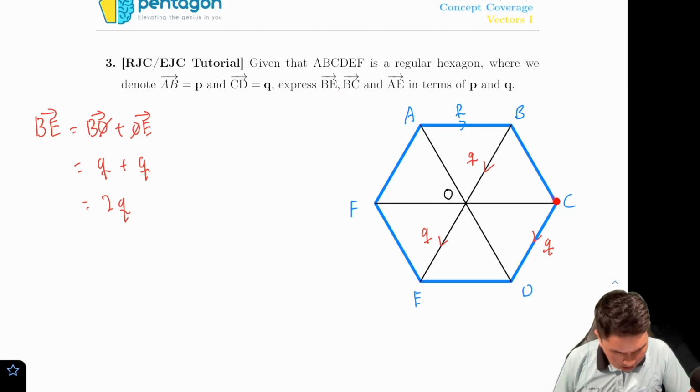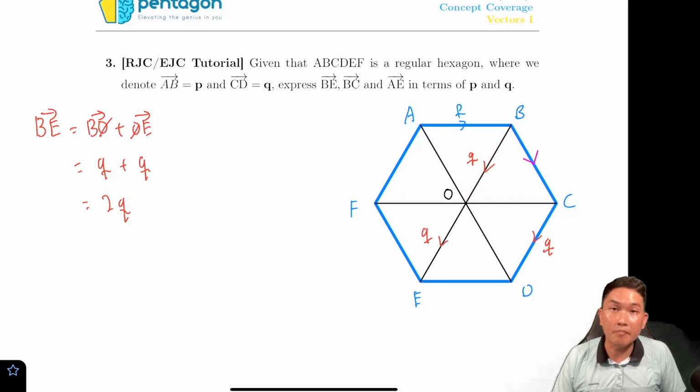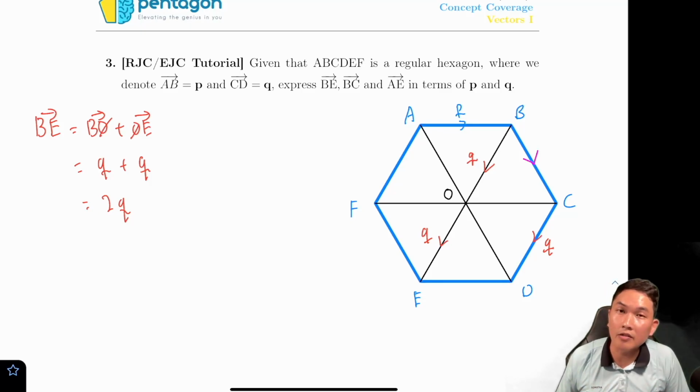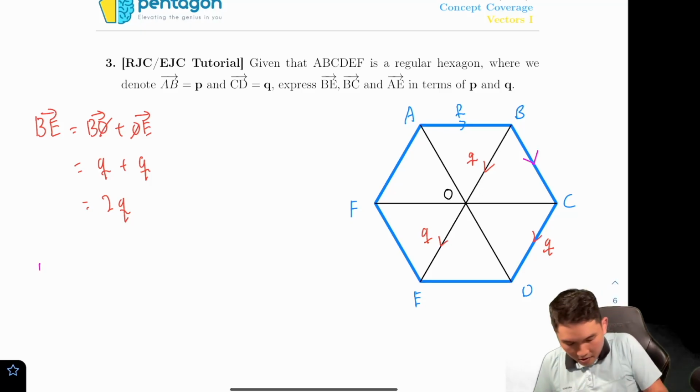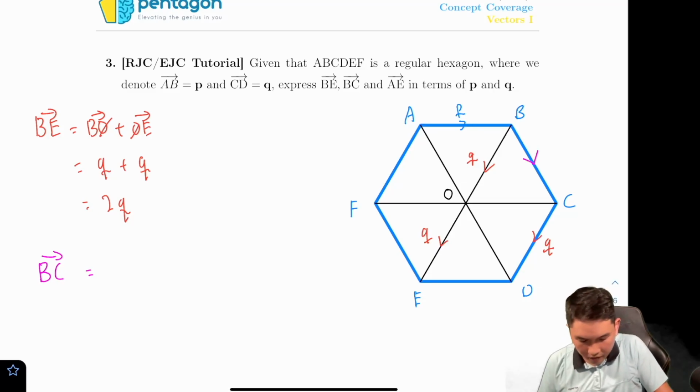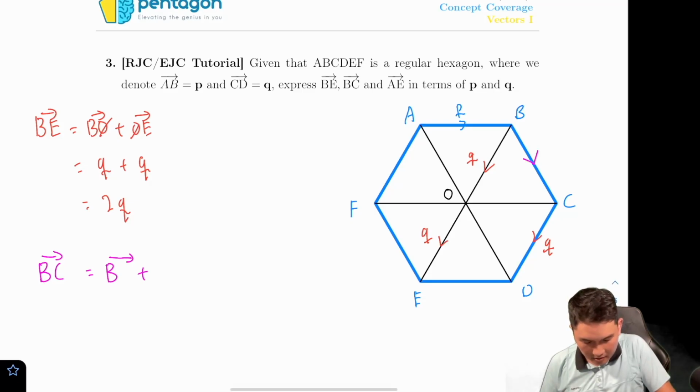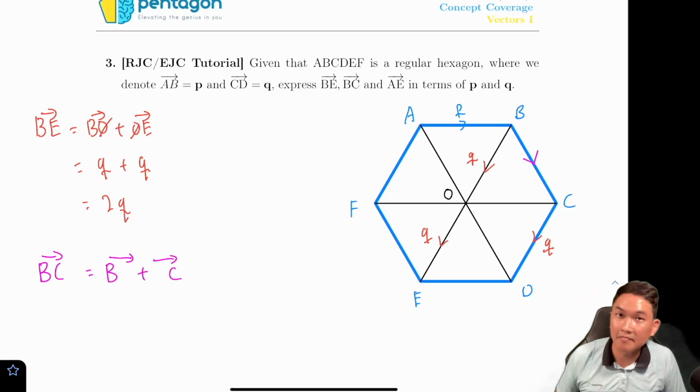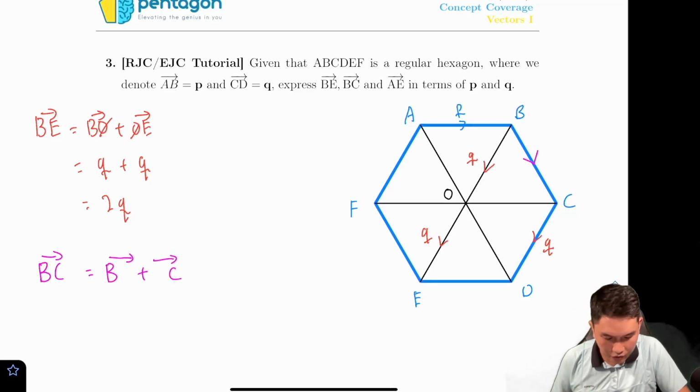Let's now do BC. So BC is over here. BC will have the same magnitude as P and Q, but obviously it's in a different direction. How can I find BC? And this is where we can exploit resultant vectors. BC can be a resultant of two movements, B to some point plus that same point to C. And what is a convenient point to choose?